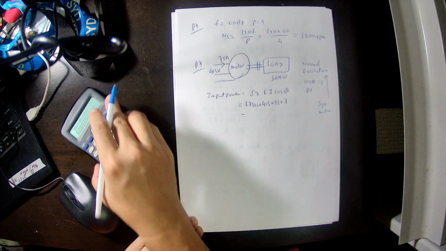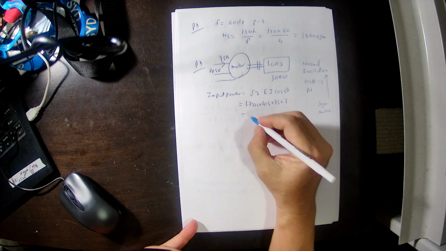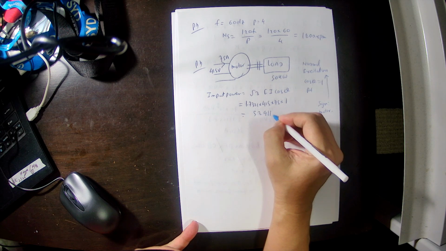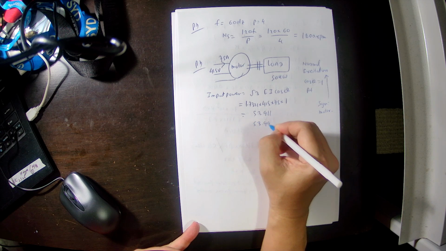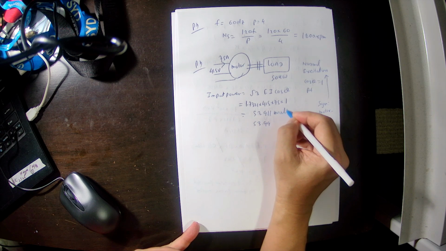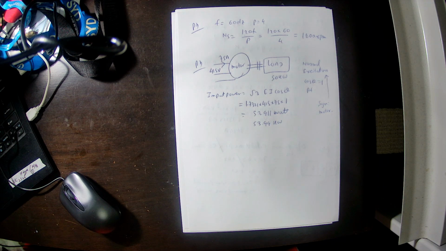So 1.7321 multiplied by 415 multiplied by 75 will be 53911.6 watt. So 53.911 kilowatt. This is the input power.